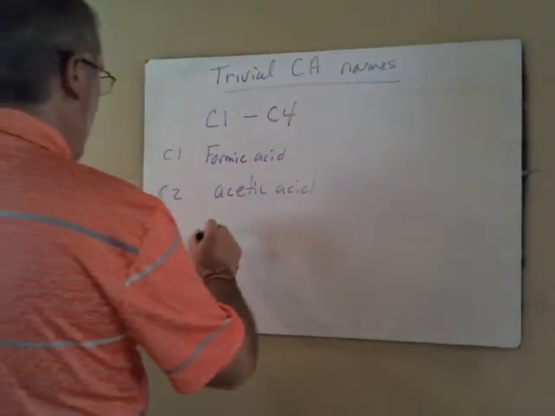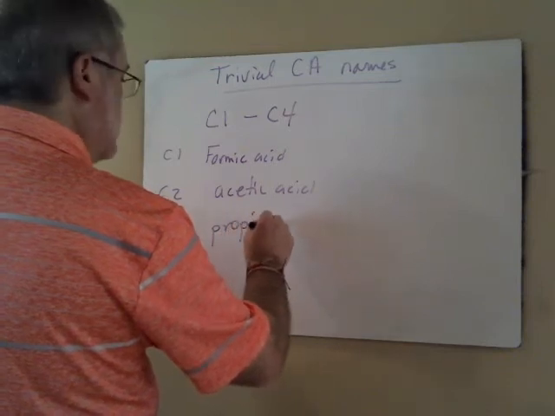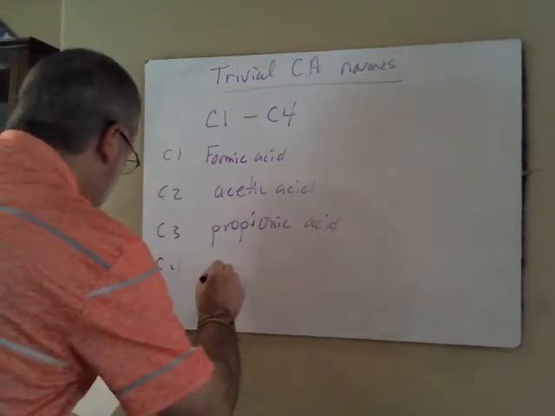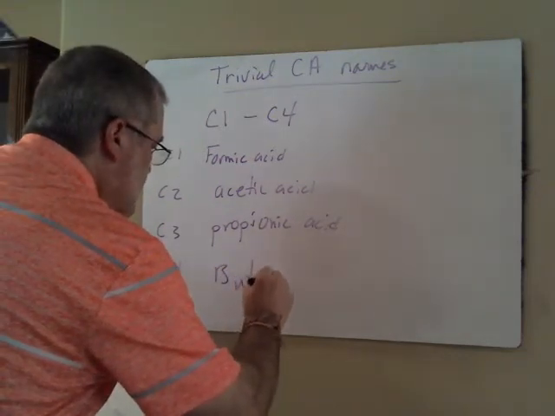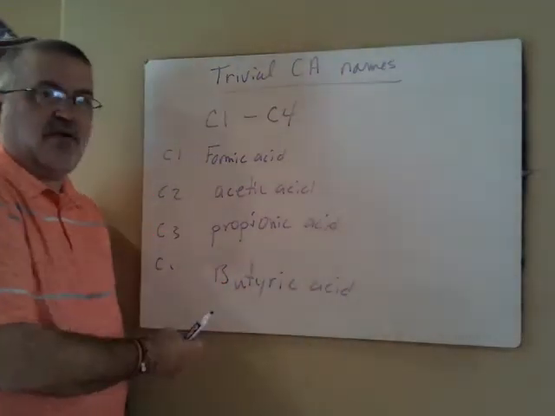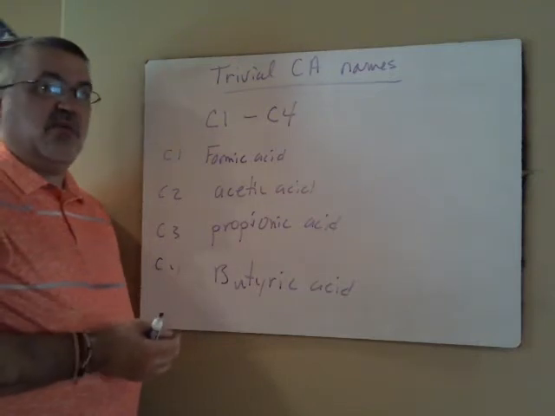And then you go to propanoic, and then you go to butyric. And butyric acid is famous for its really bad smell. It smells like gym socks.